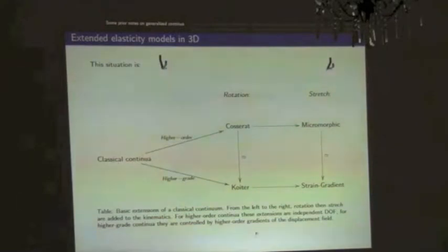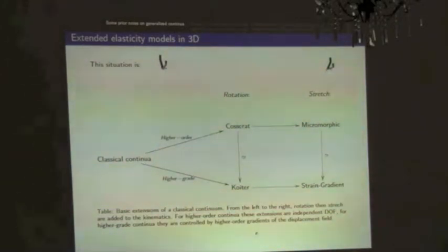So in 3 dimensions, the connection can be summed up within this graph. If in my higher order description I just add rotation, I obtain Cosserat.